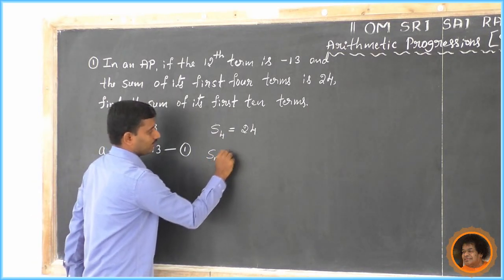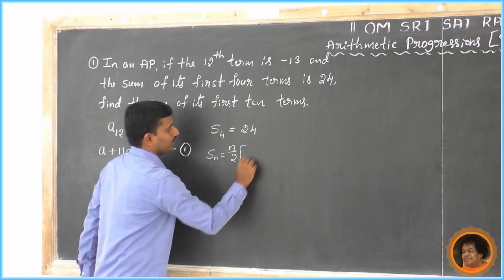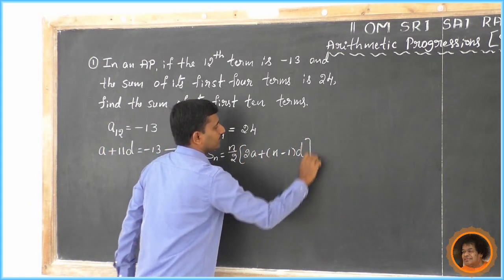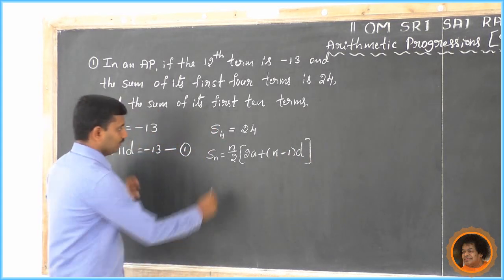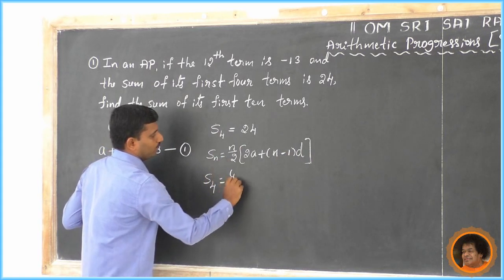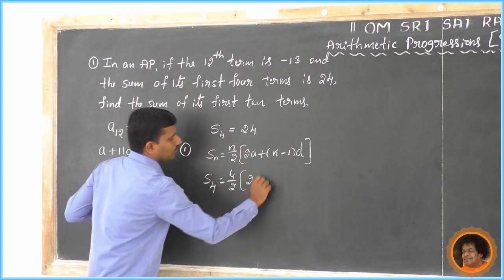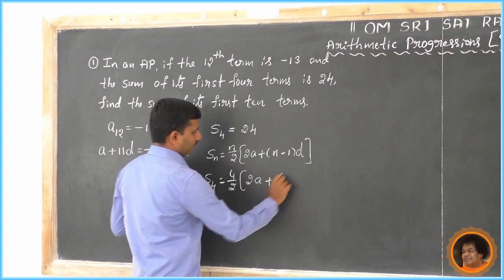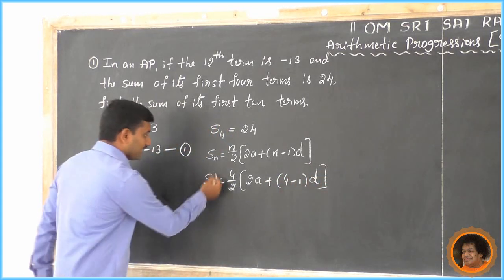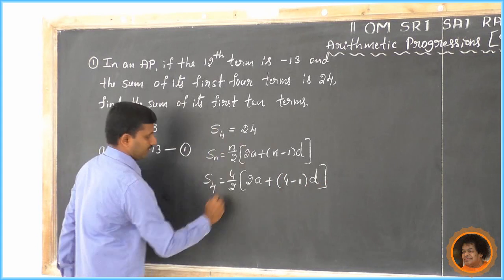Formula Sn equal to n by 2 into 2a plus n minus 1 into d. So S4 equal to 4 by 2 into 2a plus 4 minus 1 into d. Here S4 is given, the sum of the first 4 is 24.